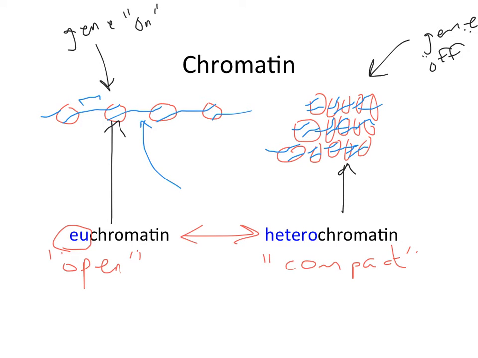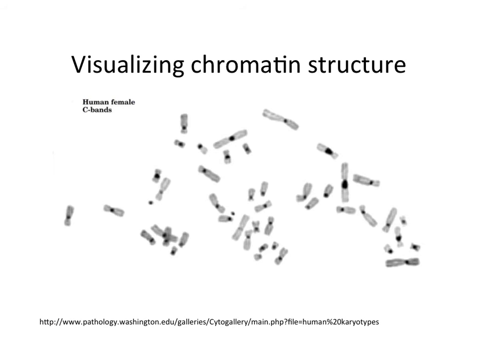Okay. Other questions? Here's an example of differences in chromatin structure. I mentioned briefly you could have a chromosome where part of it's euchromatin and part of it is heterochromatin. Here's a metaphase chromosome spread of a human female.